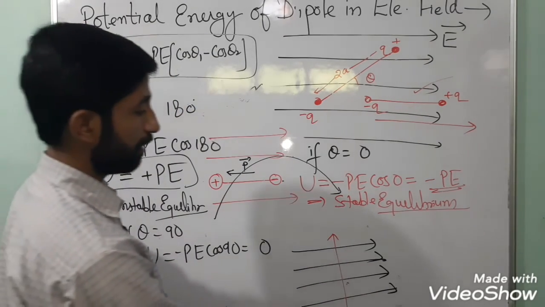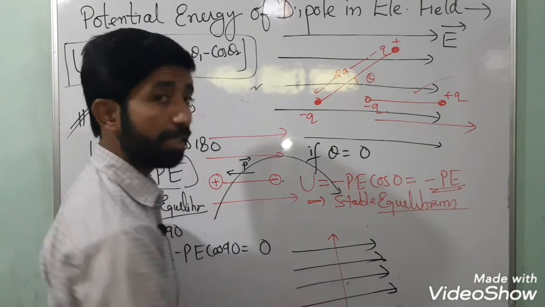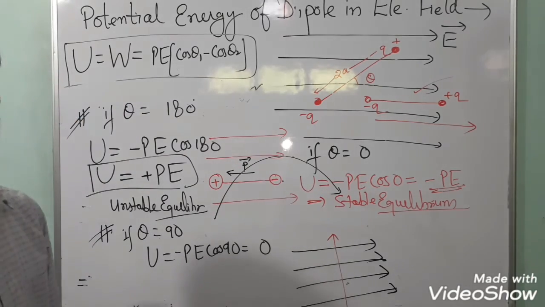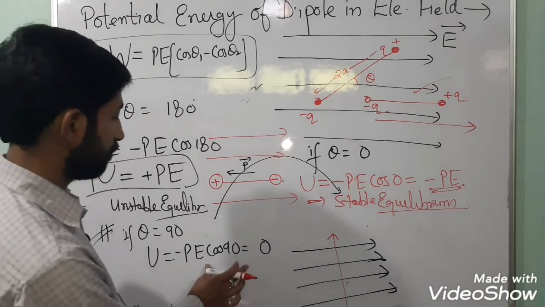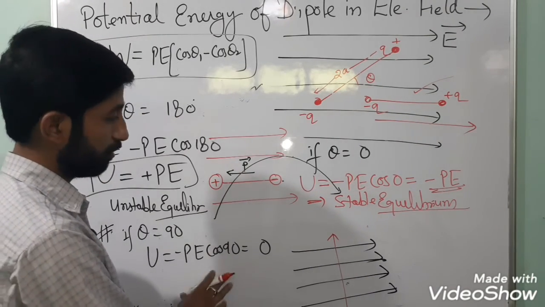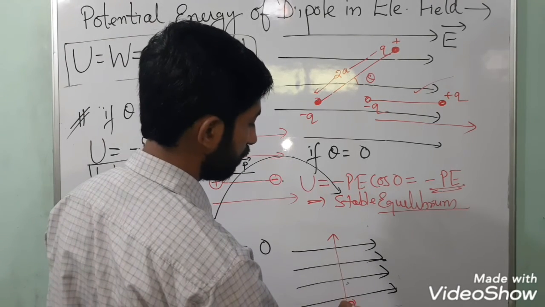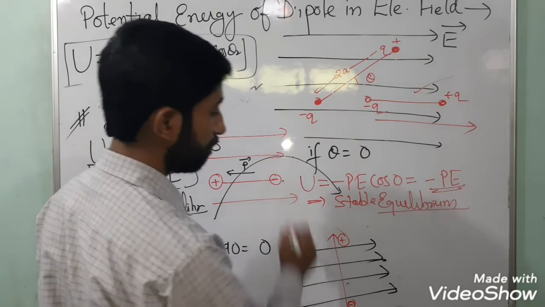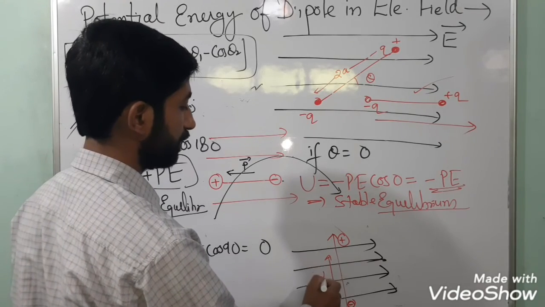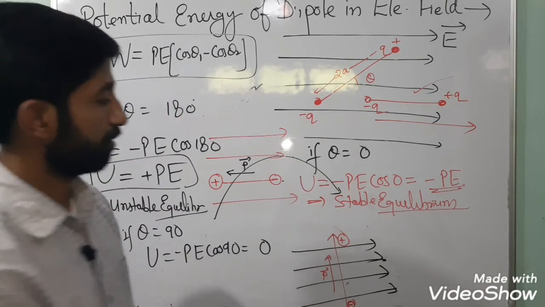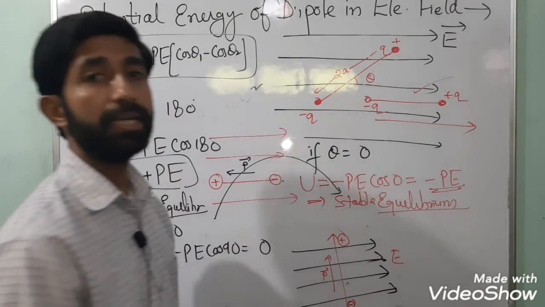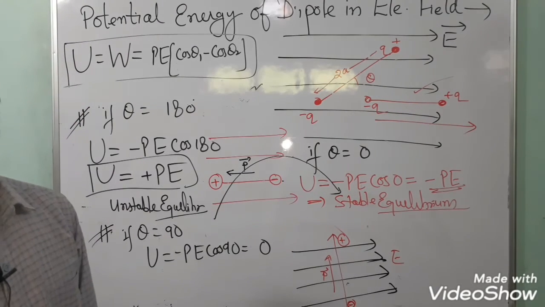The dipole becomes this way, it can be 90 or even 270 as well, because for both cos 90 and cos 270 the value becomes 0. So this is your minus charge and that is your plus charge. The dipole moment is this. Okay, so this is my electric field. The net energy of the dipole will become 0.